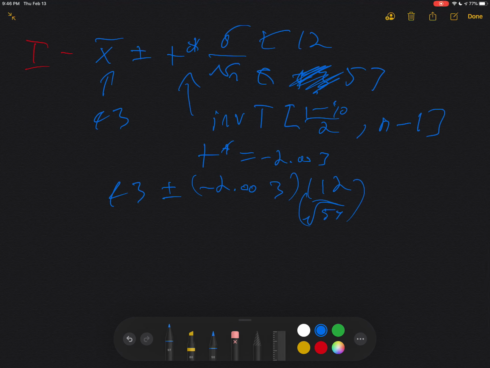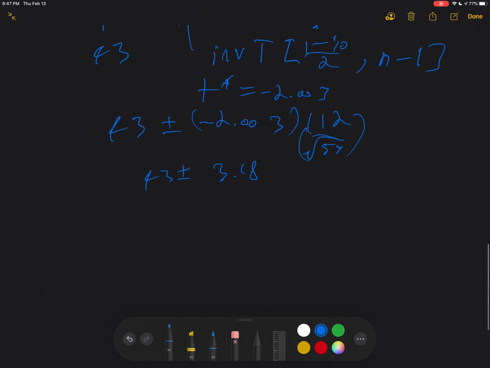I'm going to find the margin of error: 2.003 times 12 over the square root of 57. I get 3.18. So you just add 3.18 to our point estimate of 43.